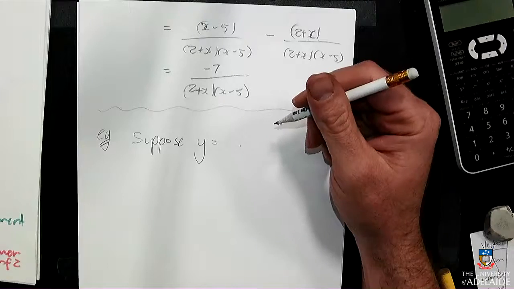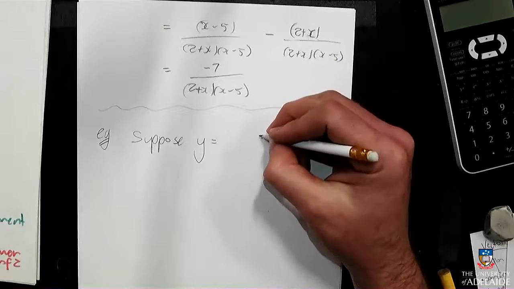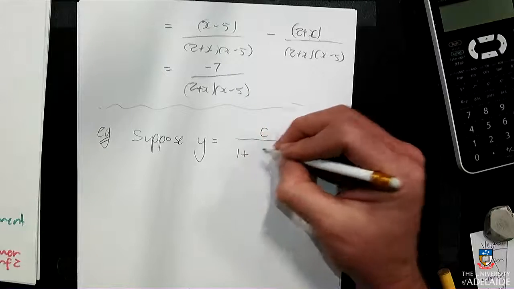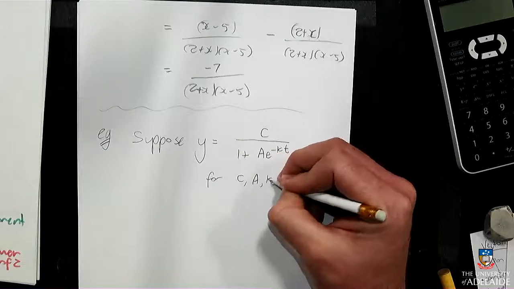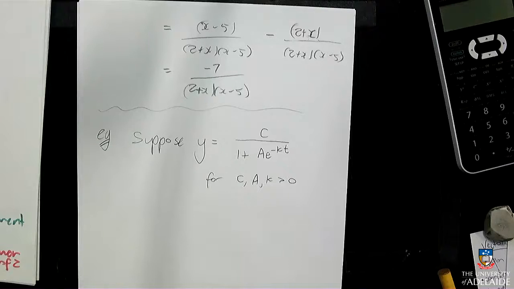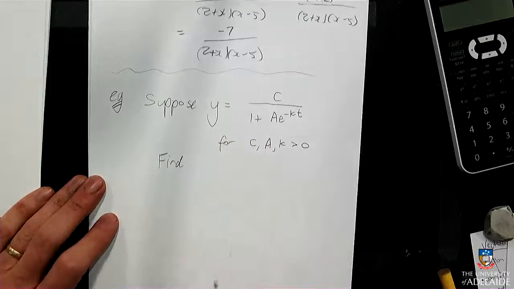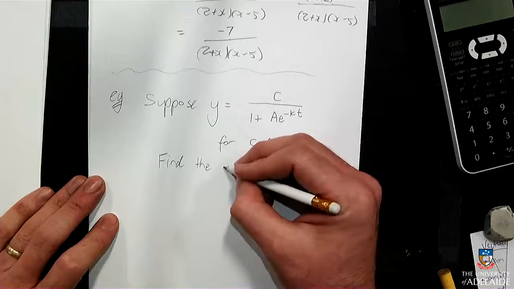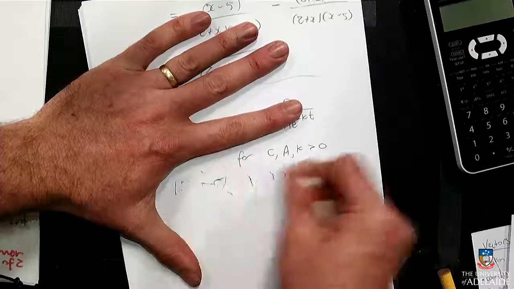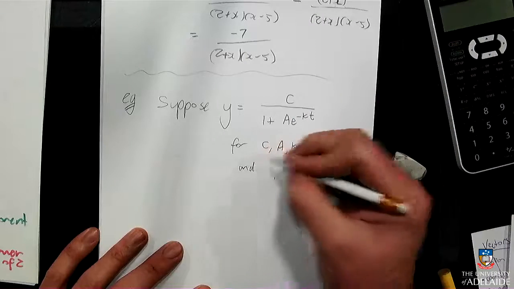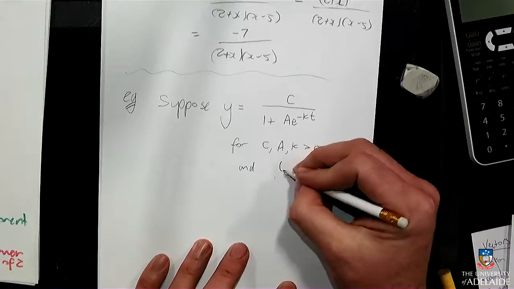What if I had a function that had some letters in it and you didn't tell me what they were? And so I went, what if y is equal to c over 1 plus a e to the minus kt, for c and a and k being positive, and t is greater than 0 as well.